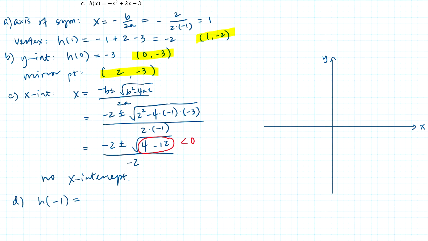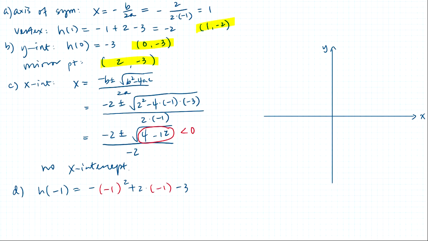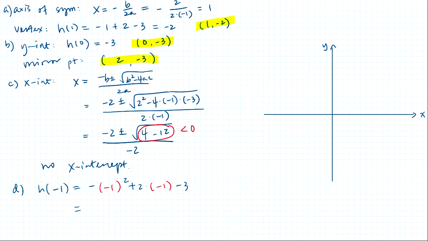So if I have h of -1, I would get negative of -1 squared plus 2 times -1 and minus 3. So to simplify things, we would get -1 minus 2 minus 3, which would be -6. So I know -1, -6 is going to be the point I have.